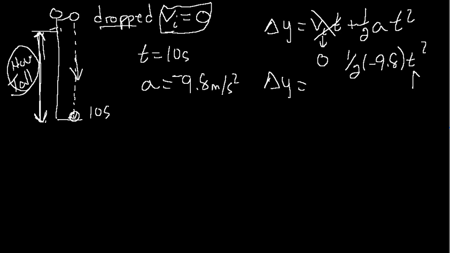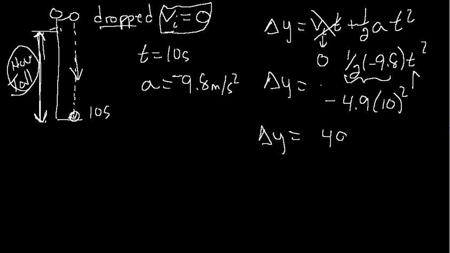And the time is 10 seconds, so 1/2 of 9.8 is negative 4.9, and that's going to be 10 squared. So my delta y is going to be, 10 squared is 100, so it's going to be negative 490 meters. This negative sign simply means that this change in position is downward.